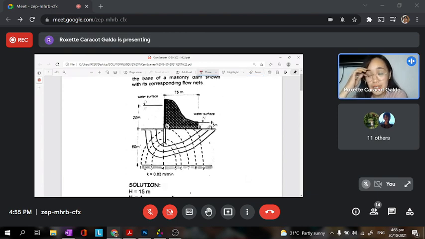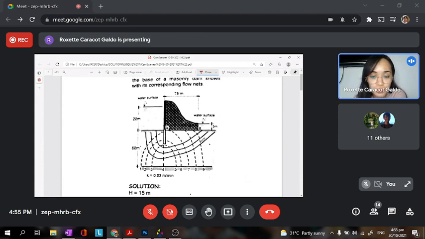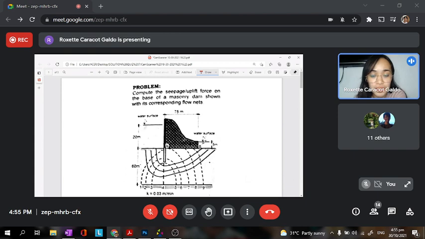A lot of you may have been confused about which point to consider in this problem, but it is a trivial question for you, and you can research what uplift force means. I also gave the hint. So you probably already have an idea what uplift force is referring to.